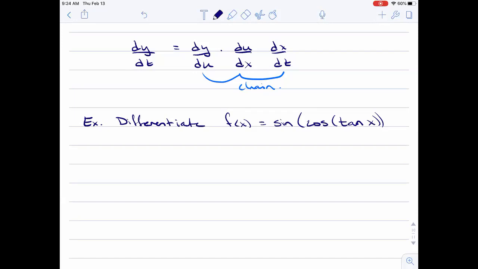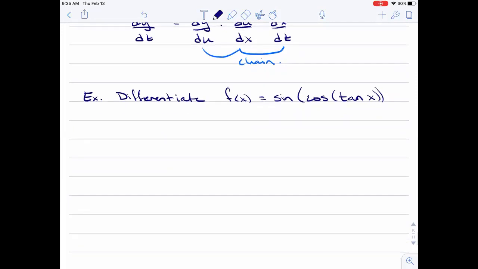So now I've got sine as my first outside function, but then inside I've got cos wrapped around tan, so then I have another inside function, tan x, and that's my final function, right? And so we're going to work our way from the outside in, and so we get f prime of x is, well, the derivative of sine is cosine, so cos, and then evaluated at the inside is just cos tan x.